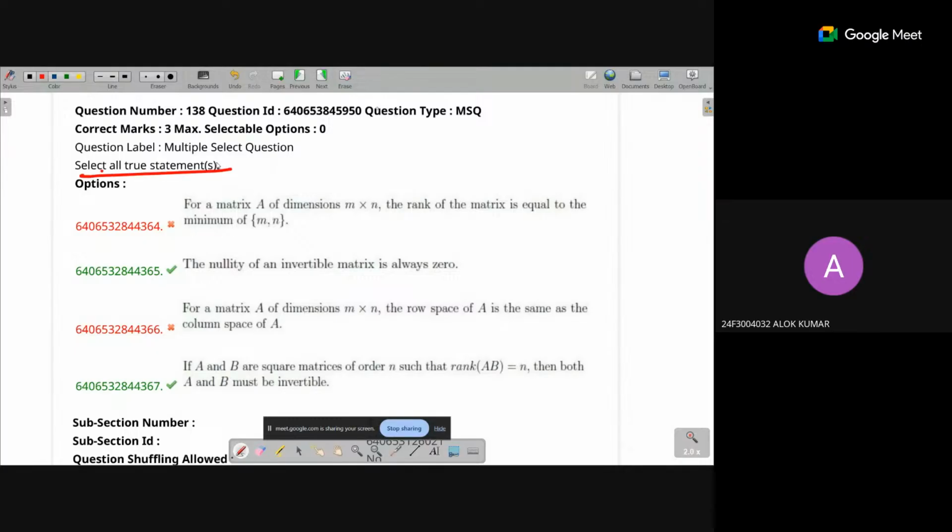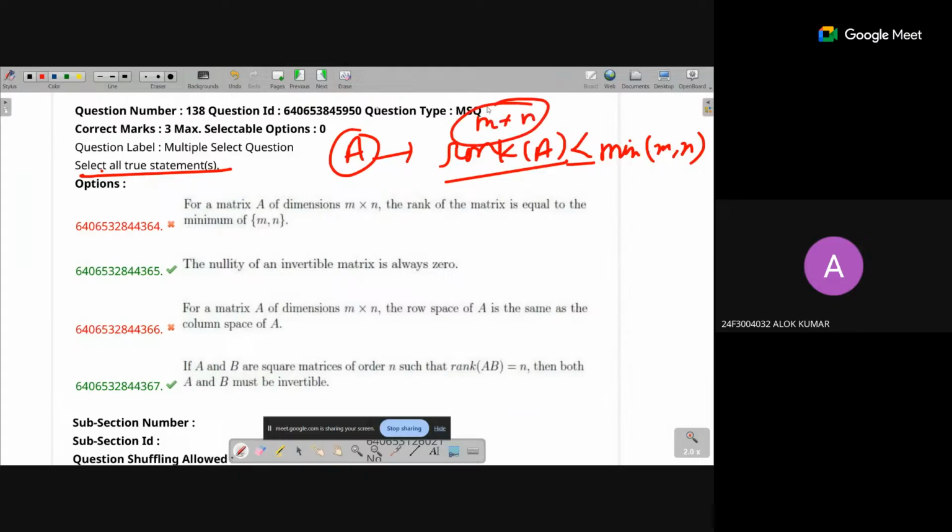For the matrix A of dimension m cross n, the rank of the matrix is equal to the minimum of m or n. No, listen. If you want to calculate the rank of matrix A, the rank of A is always less than or equal to the minimum of m or n, if the matrix has dimension m cross n.